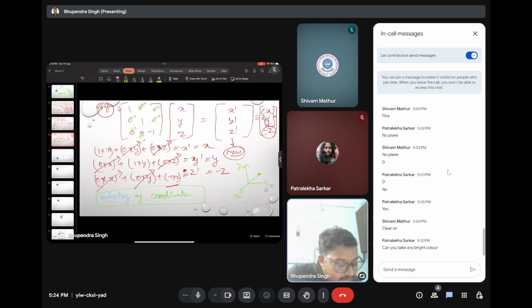Let's say this is a vector, and the length of this vector is L. This is theta. So what will be the x here in this case? X will be L cos theta.